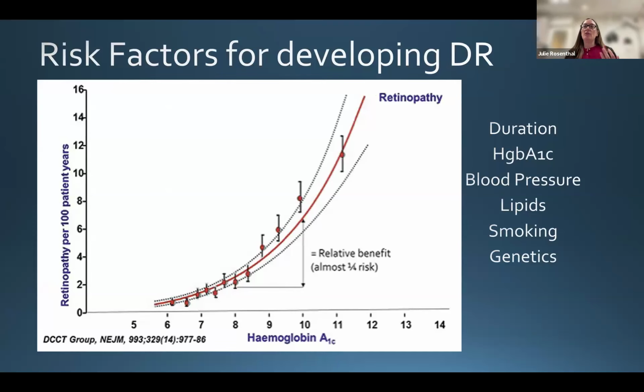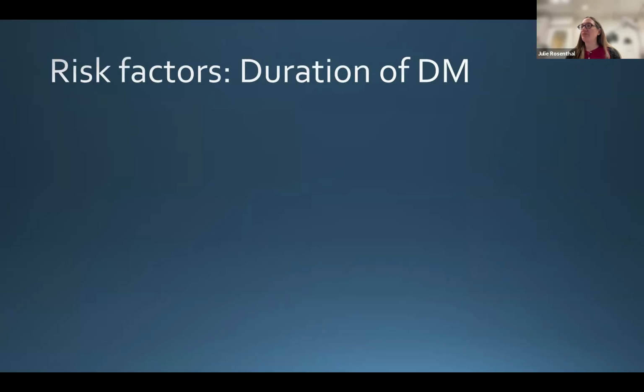So, we know that there are several risk factors that put your patients at a higher risk for developing diabetic retinopathy. Number one, duration of diabetes, so how long they've had the disease. Really importantly is the hemoglobin A1C. We know that the higher the A1C, the more the risk of retinopathy, but also we pay attention to blood pressure, lipids, smoking can play a role, as can genetics.